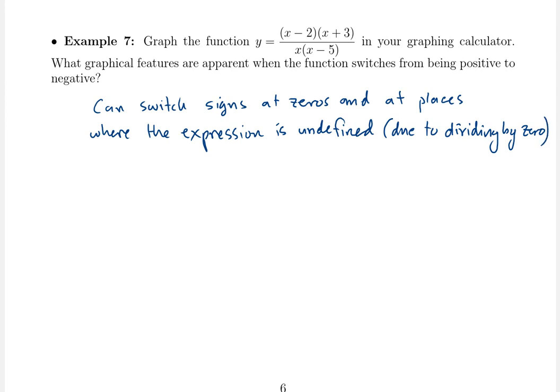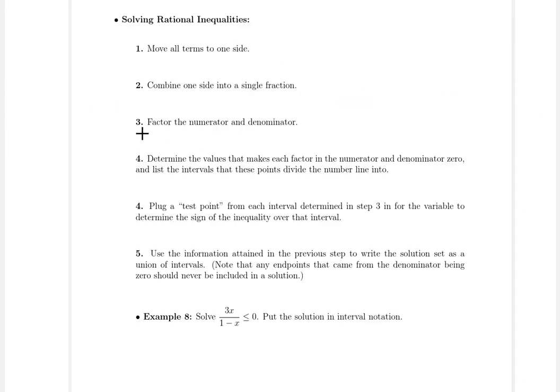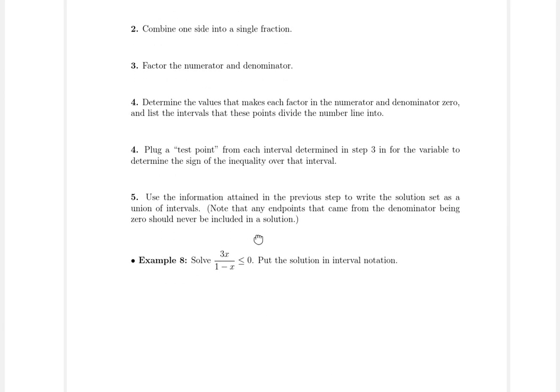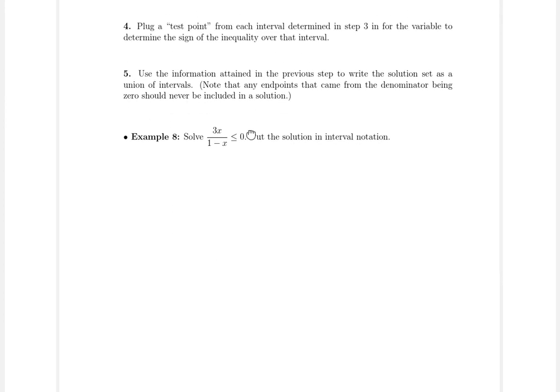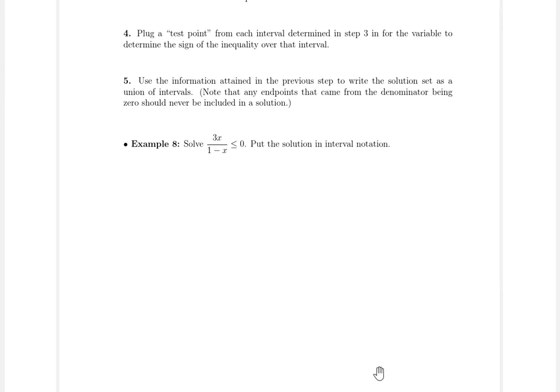All right, so let's do an actual example here. And here's a list of steps, but we'll come back to this in a moment. So in example 8 here, we want to solve this inequality where we have 3x over 1 minus x is less than or equal to 0.